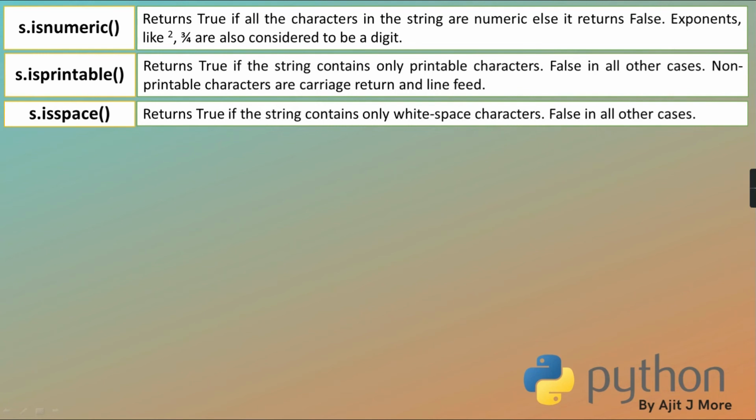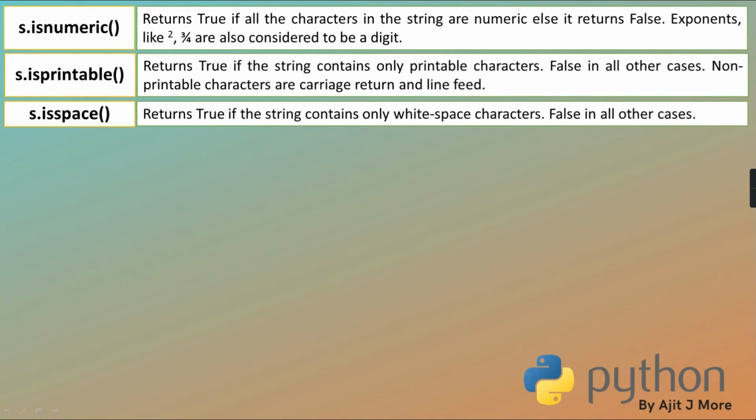Done, all of you? Now the next category we have to see. Now all these were is functions. Is means they were checking functions. Now we are going to see some more transformation functions. The first were related to cases, the first group, like changing the case: converting to capitalize, then lowercase, then uppercase, then title case, finding the length, finding minimum from it.